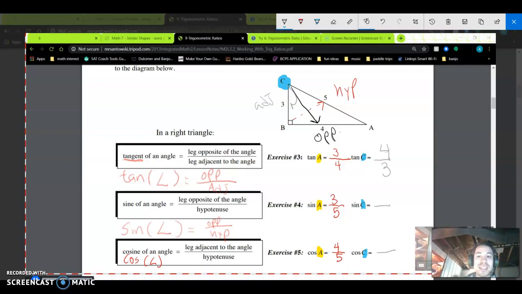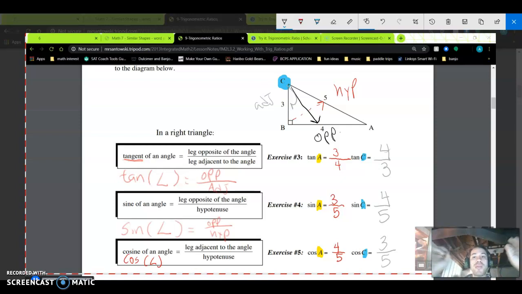Let's look at sine of C. Sine is opposite over hypotenuse. Our opposite side is 4. Our hypotenuse is 5. Next one, we look at cosine of C. Sorry, our adjacent side, because adjacent over hypotenuse, is 3, and our hypotenuse is 5.